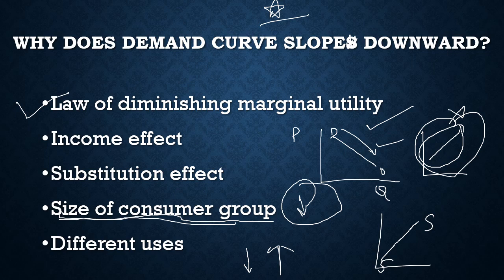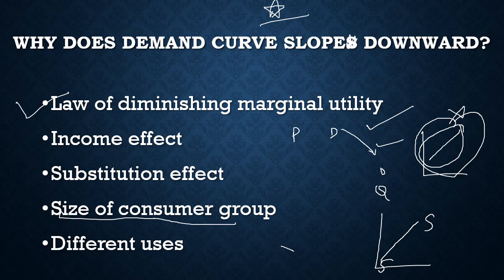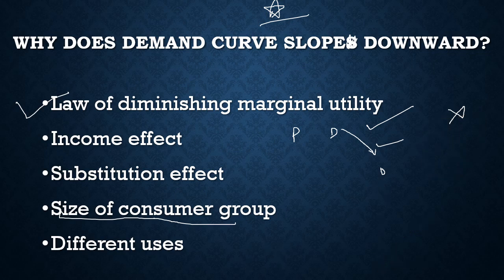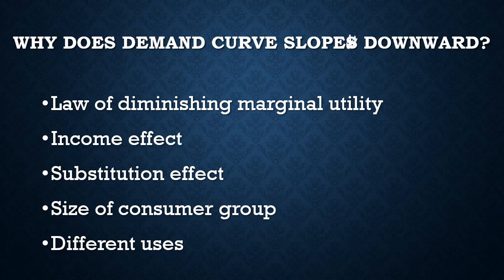Fine. Okay, one more question. Suppose I ask you why we demand goods, or why are goods demanded? Why do you demand different kinds of goods? Why do you want an iPhone? Why do you want branded shoes? Why do you want branded clothes? Why do you want to go to a good restaurant to celebrate your birthday?